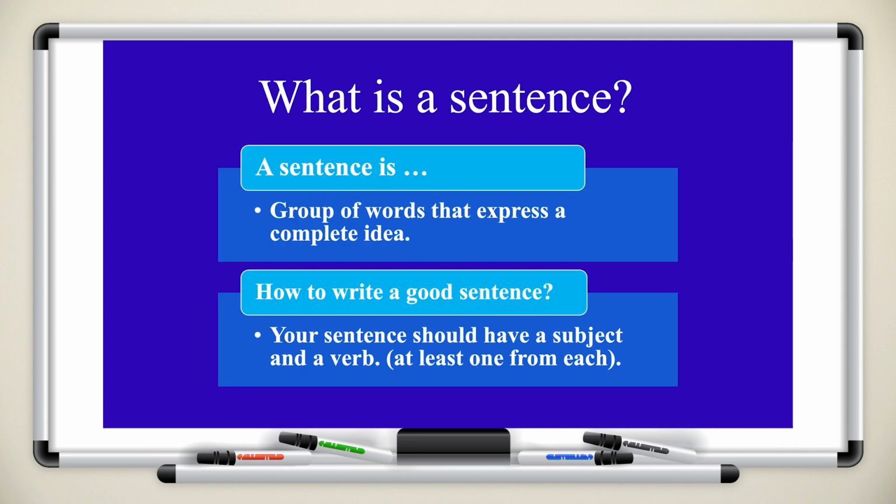Now let's start with the sentence. A sentence is basically a group of words that expresses a complete idea. For example, when you say, "I like chocolates," it is a full sentence because you are giving me a complete idea. How to write a good sentence? You will need a verb and a subject, at least one.